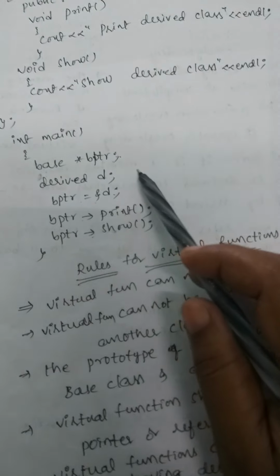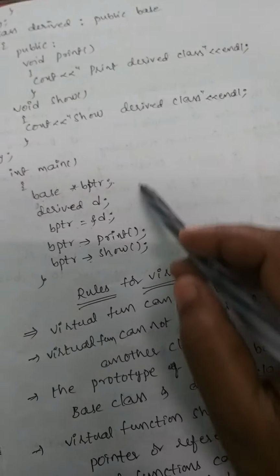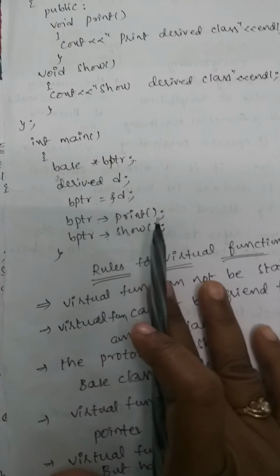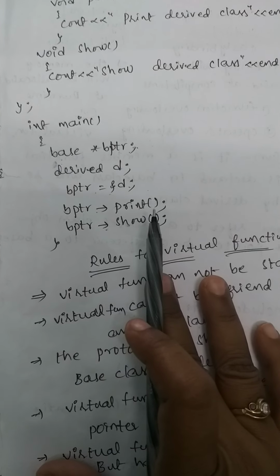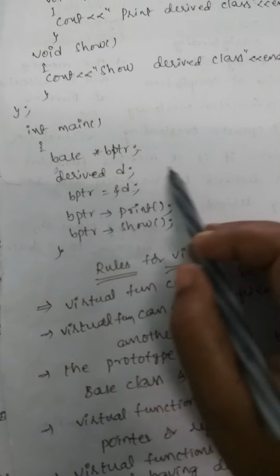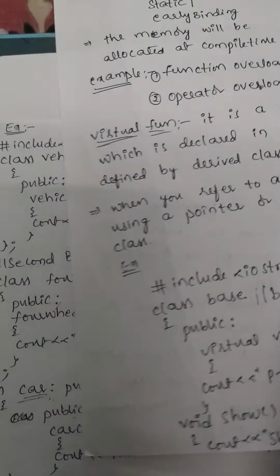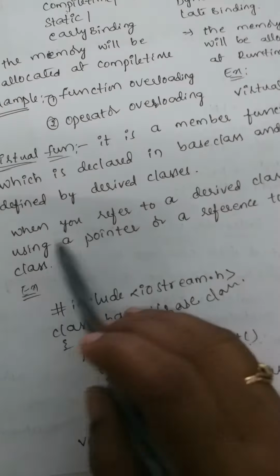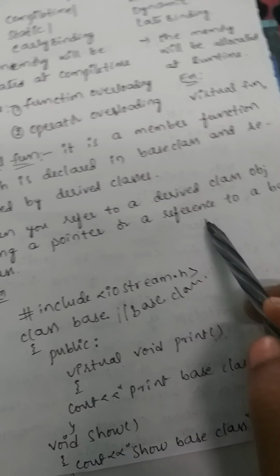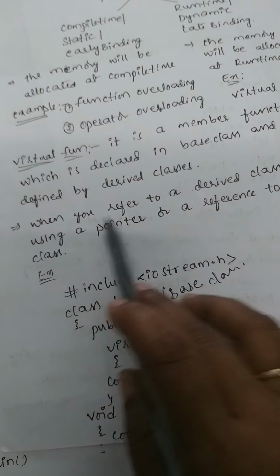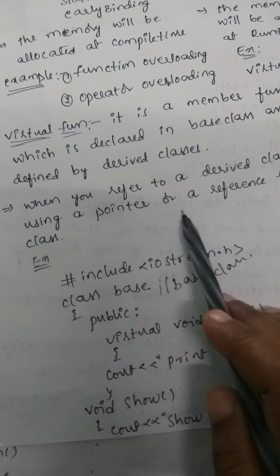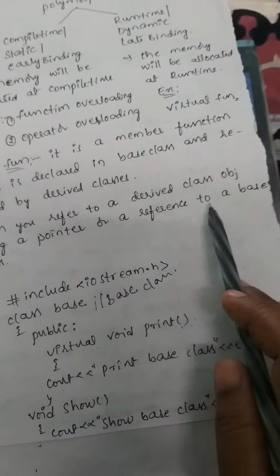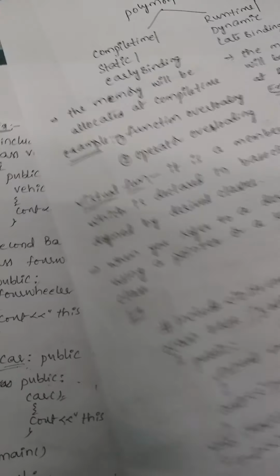Now you have to access the derived class object with the base class pointer. See this point now: when you refer to a derived class object using a pointer or reference to a base class.